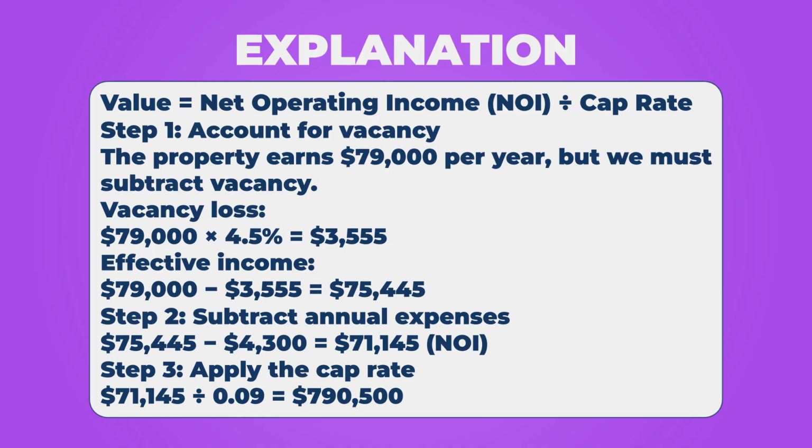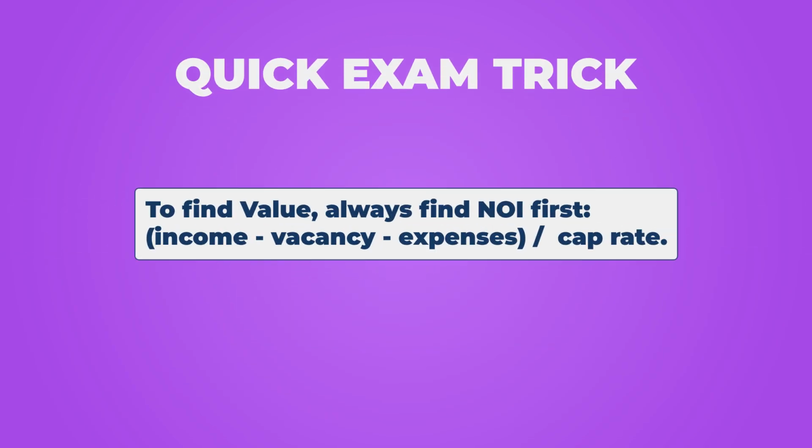Step 2. Subtract annual expenses. $75,445 minus $4,300 equals $71,145. NOI. Step 3. Apply the cap rate. $71,145 divided by 0.09 equals $790,500. Quick exam trick. To find value, always find NOI first, income minus vacancy minus expenses, then divide by the cap rate.